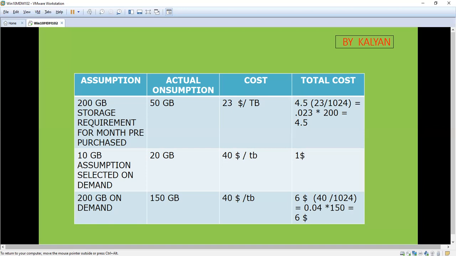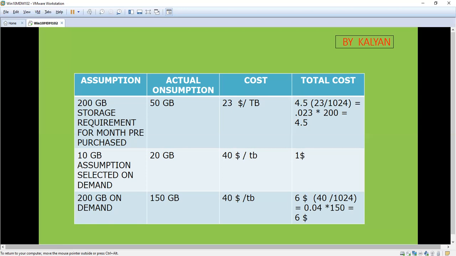We assume our storage requirement per month is 200 GB, and we opt for the pre-purchase plan. The actual consumption at the month end is only 50 GB, and the cost per TB is $23.